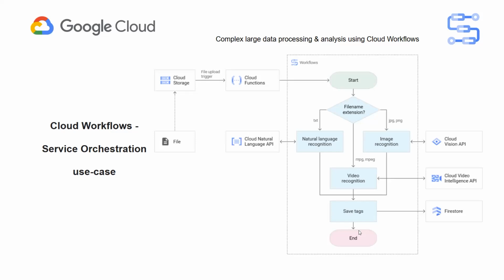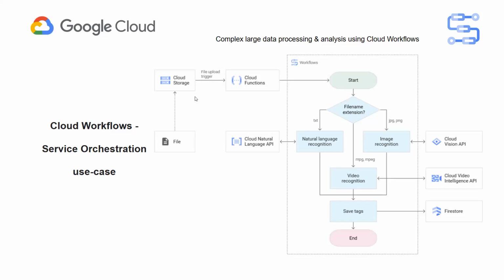Let's take a closer look at a service orchestration use case that combines multiple services to perform a sequence of operations across multiple systems. When you execute a cloud workflow, it triggers a cloud function to check if a new file has been uploaded to Cloud Storage.